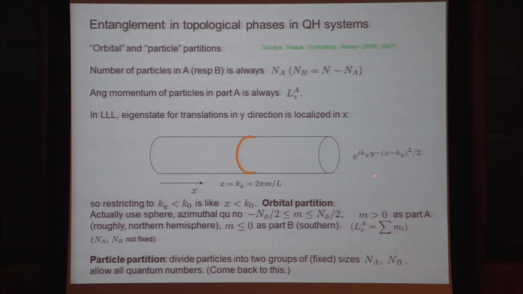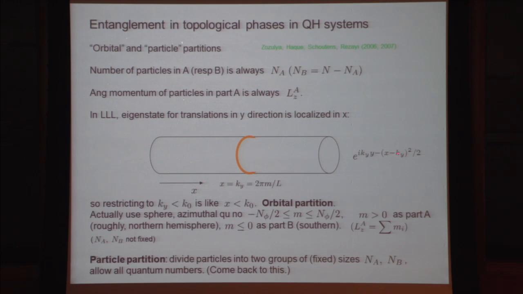So each eigenfunction in the lowest Landau level is centered as a Gaussian near this point. My skills with PowerPoint aren't good enough to put a little Gaussian here, but it's localized near this point, while spread around the circumference as a plane wave.